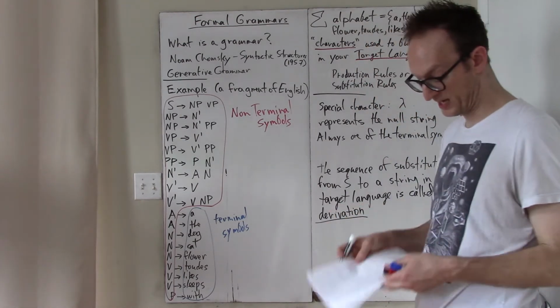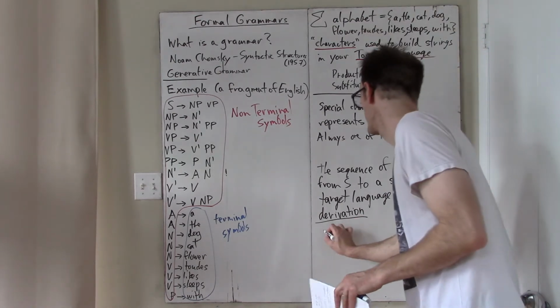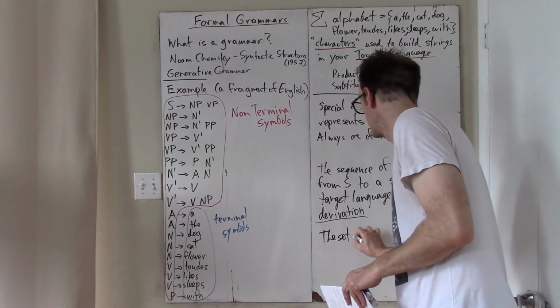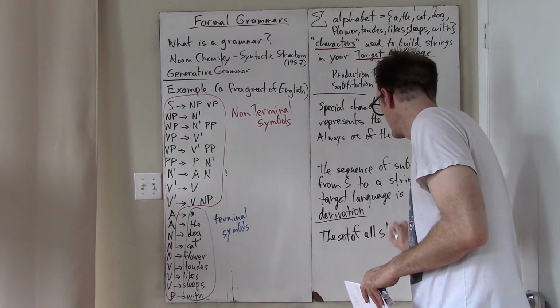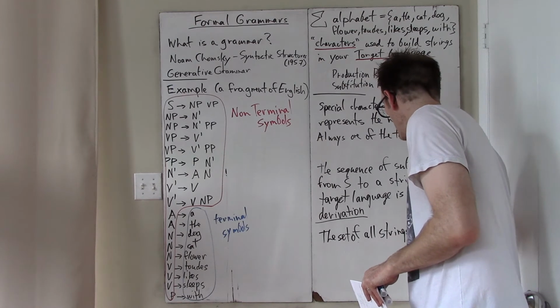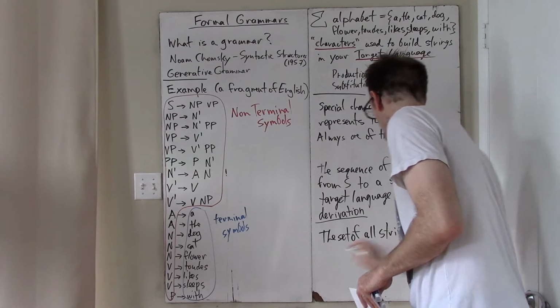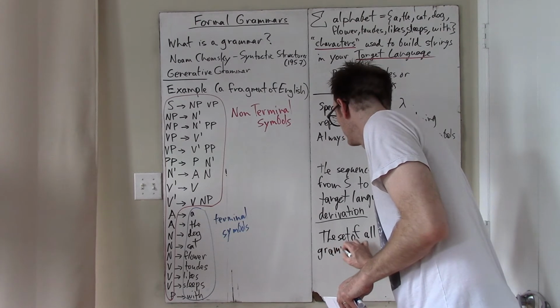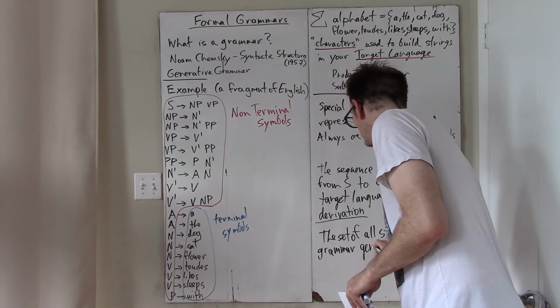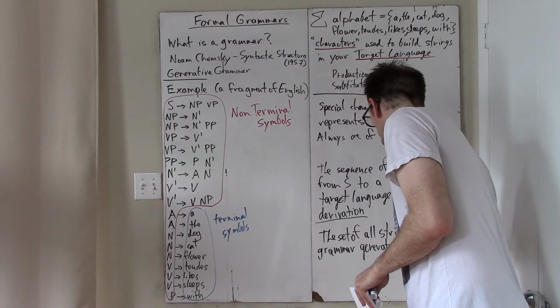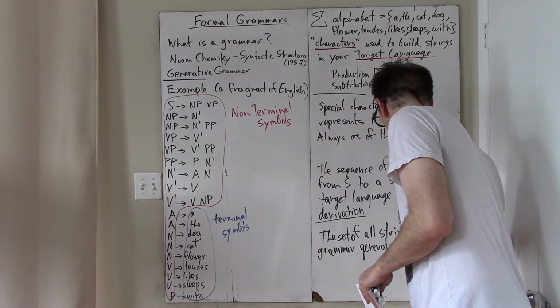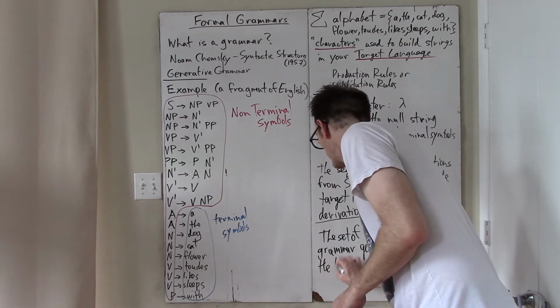And the other piece of vocab is the set of all strings that a grammar generates, which is called the language of that grammar.